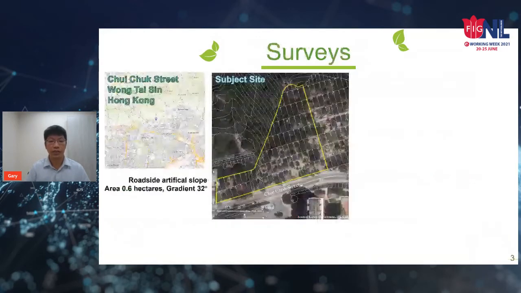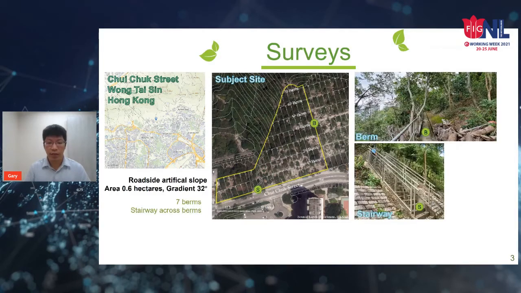Now, we are going to introduce the pilot test area. It is a tree site along the Tsui Tsuk Street, Wong Tai Sin in Hong Kong. The testing site is a roadside artificial slope with an area of about 0.6 hectares and the gradient is about 32 degrees. It consists of 7 berms and 1 staircase along the berm.